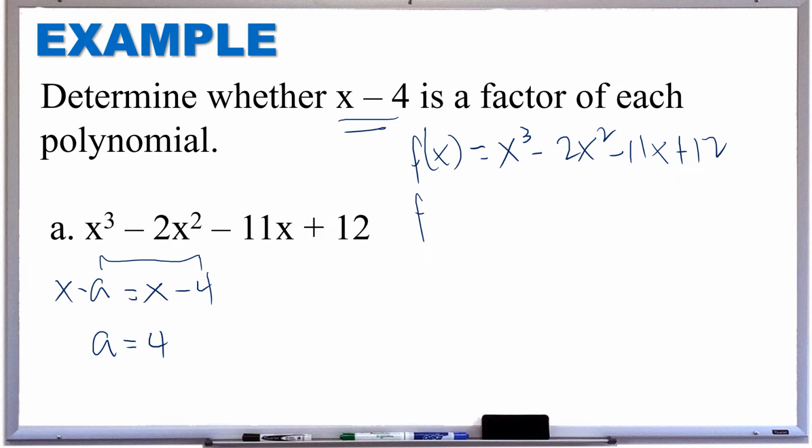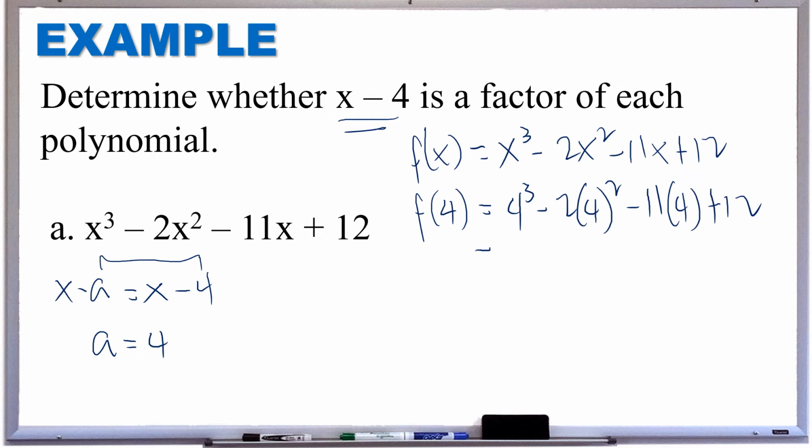So we substitute for the value of x. f of a, which is f of 4, equals 4 cubed minus 2 times 4 squared minus 11 times 4 plus 12. 4 cubed is 64. 4 squared is 16. 11 times 4 is 44, plus 12. Then we have 64 minus 32 minus 44 plus 12.